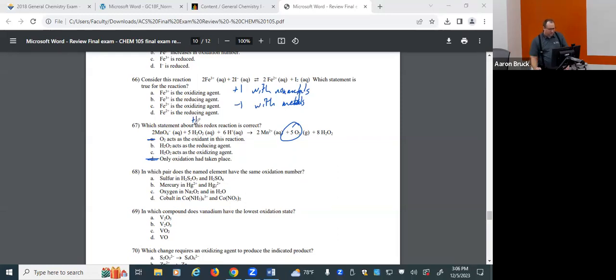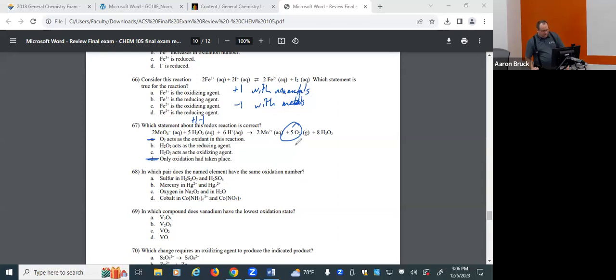So if the hydrogen's +1 and I have 2 of them, that means I've got a total of +2 in this molecule, which means I need a total of -2 from the oxygen. Ordinarily, that would mean that we just have 1 oxygen atom. But in this case, we have 2, which means that we have a -1 charge on the oxygen instead of a -2 charge.